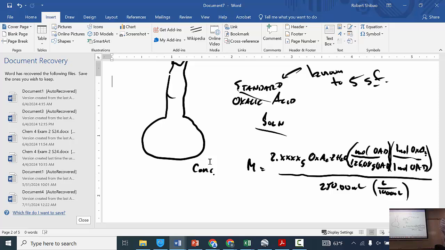Try not to suck in air bubbles in here. And so I'm going to just rinse the inside walls of this with my primary oxalic acid, and then just dump it into my waste beaker. Do that like 2 or 3 times. It should be clean. Okay, now once I do that, then it's probably okay to do it here.